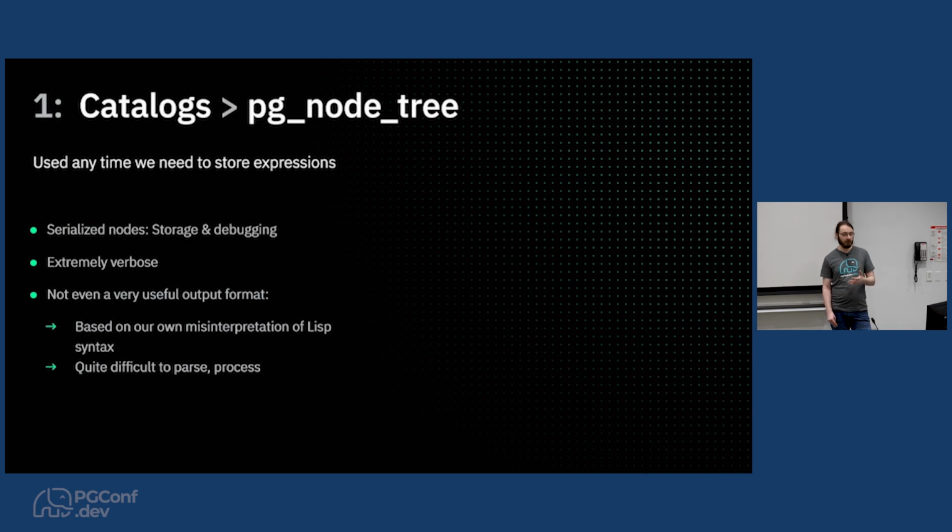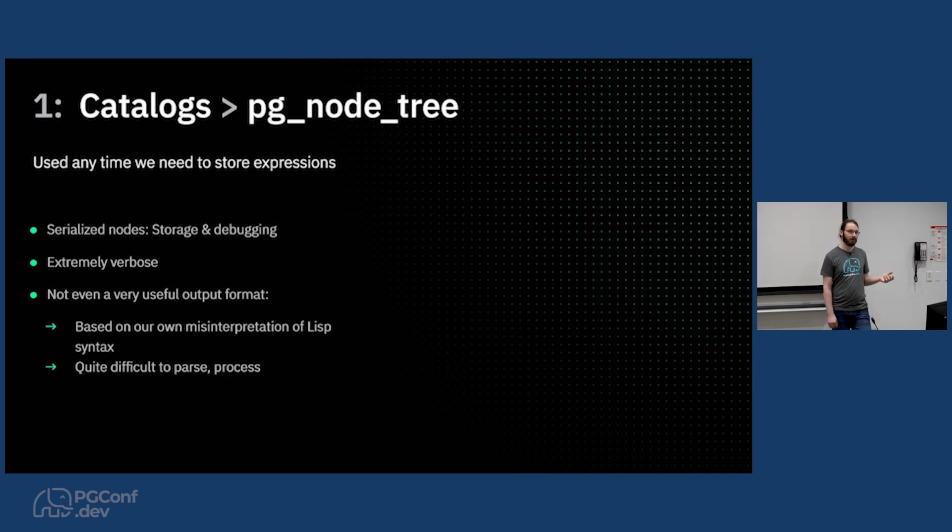So it's currently a textual format which is extremely verbose. Compare it to JSON, but it's their own misinterpretation of a Lisp syntax. It can be quite difficult to parse to process. I only recently found out there are actual debug functions which reformat into something that is more readable.